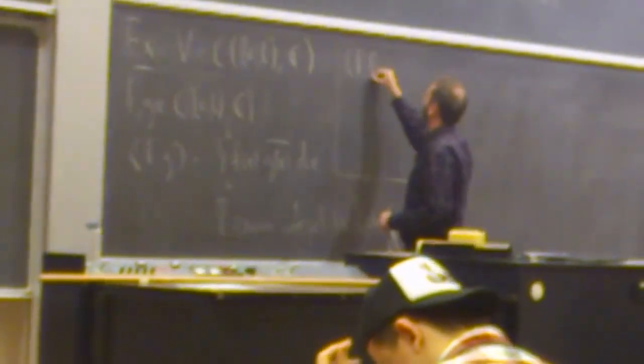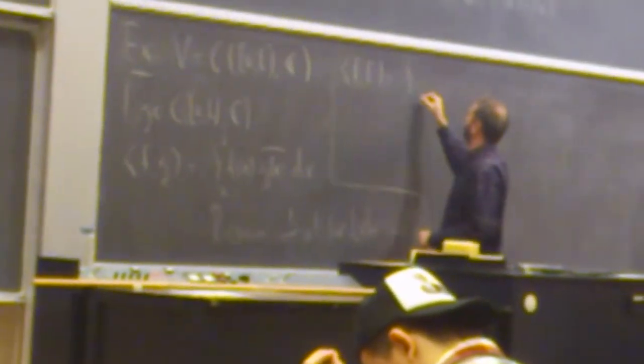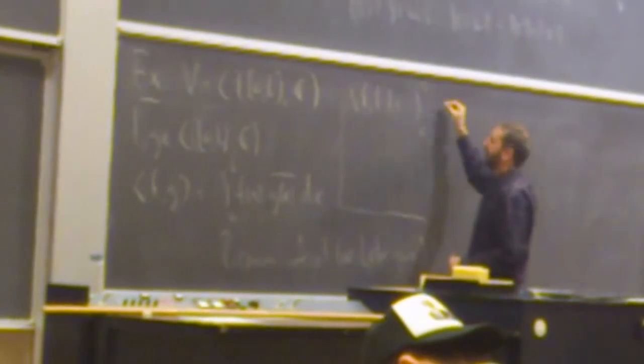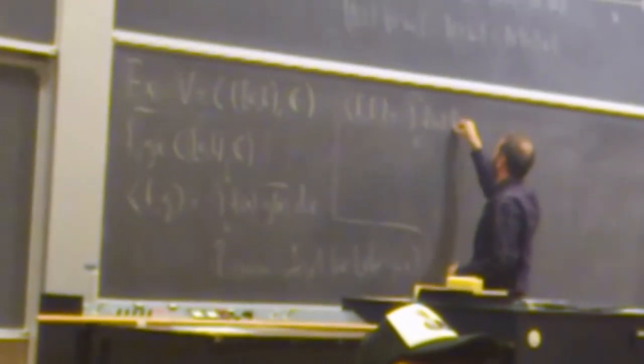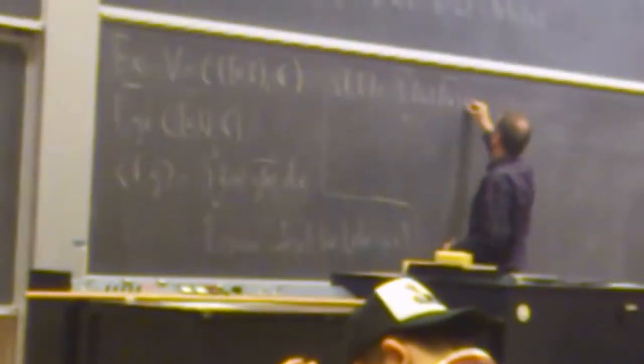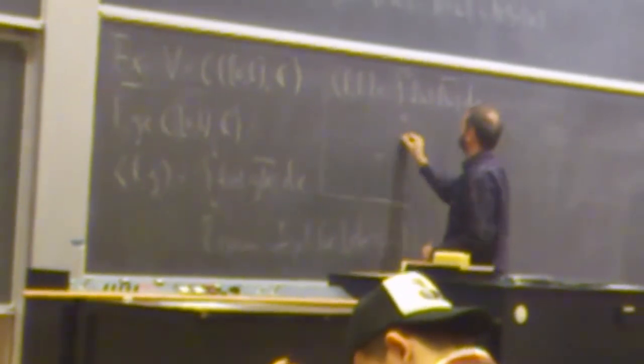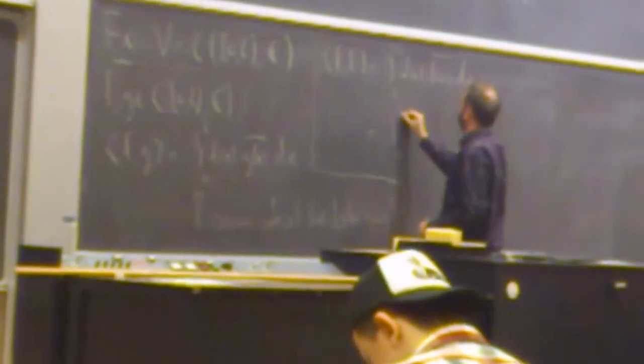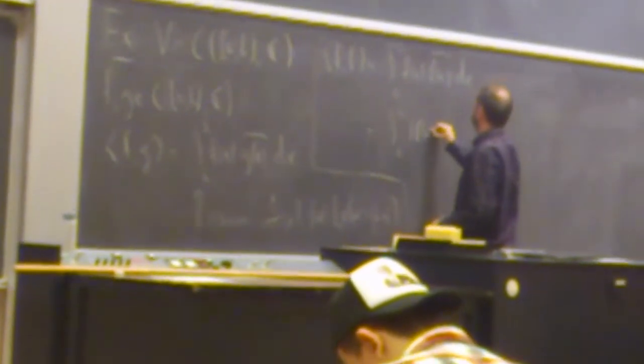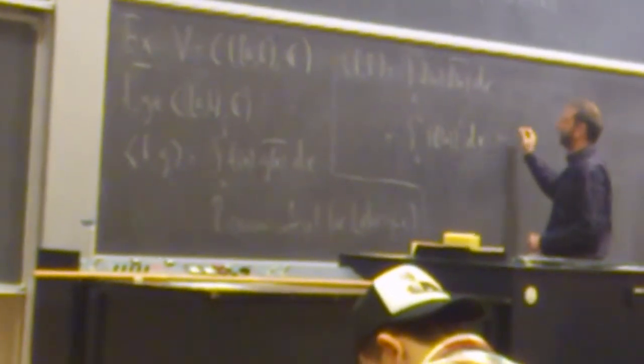And if you consider f inner product f, then we see that this is the integral from a to b of f of x times f of x complex conjugated dx, and this is the same as the integral from a to b of the absolute value of f of x squared dx. And we see this is positive.